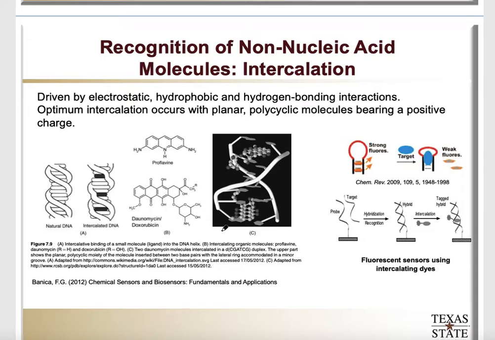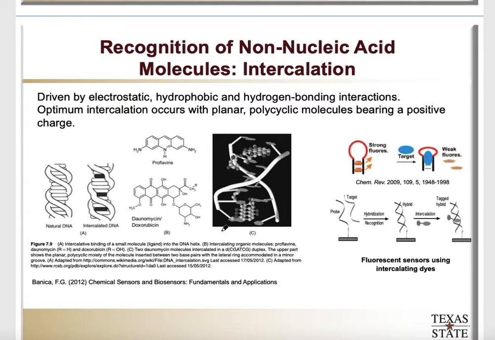All right, a completely separate way of detecting binding of nucleic acids to our nucleic acid biosensor is by the use of intercalation dyes.